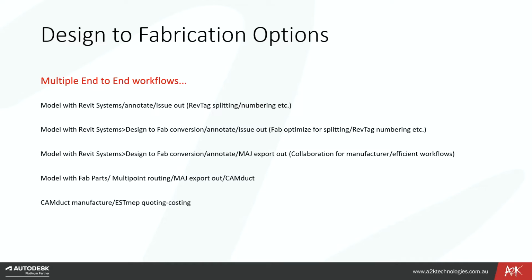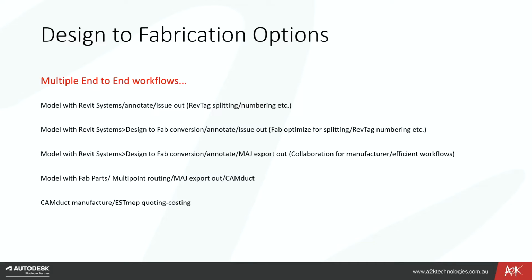The second one is where we can start to bring in potentially the fabrication part. So you might start with Revit systems, Revit ductwork. You then can do a design to fab conversion, so effectively convert that Revit ductwork to fabrication parts within Revit still. And then from there, you can annotate the fabrication parts in Revit and issue out from there.